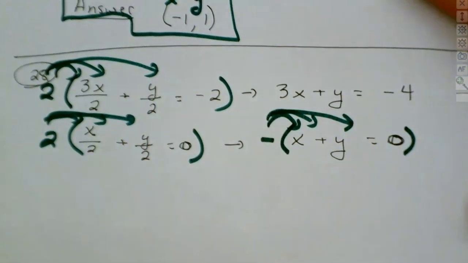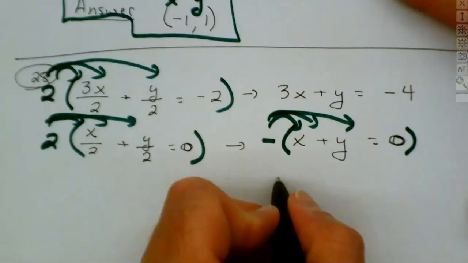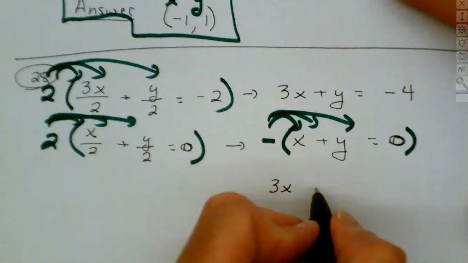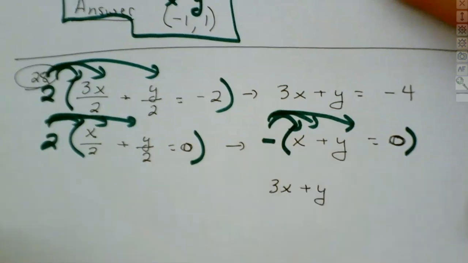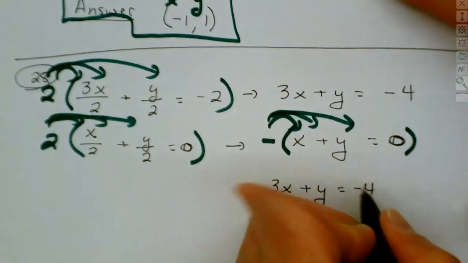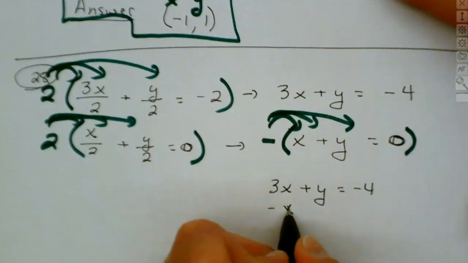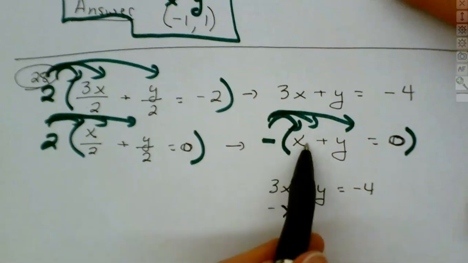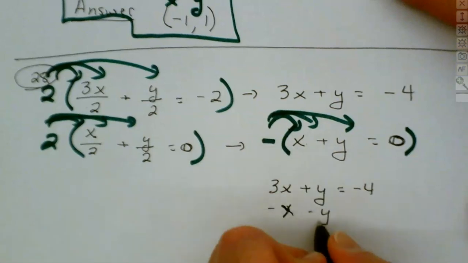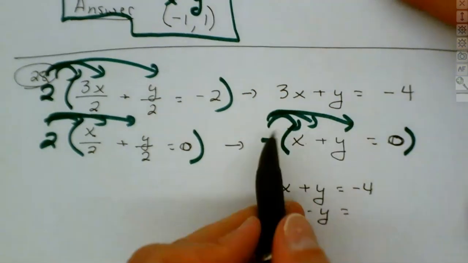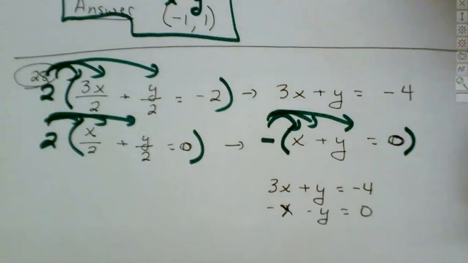That way we can eliminate for the y. So we now have the first equation, 3x plus y equals a negative 4. I'm going to distribute through down here, and that makes it a minus x, a minus y, and 0 times a negative is still 0.